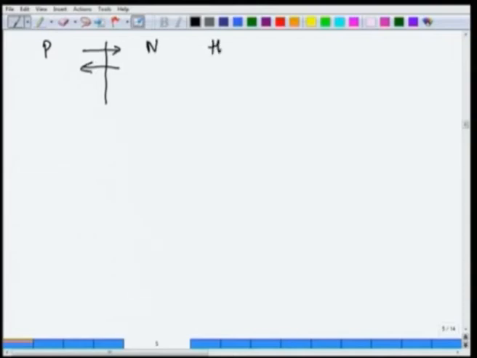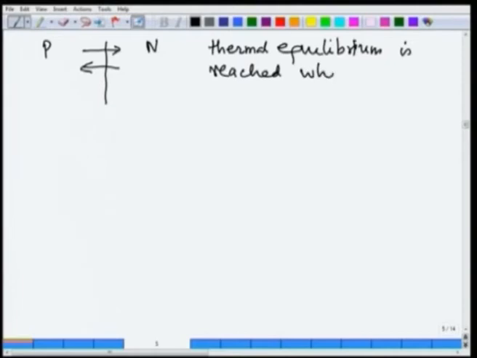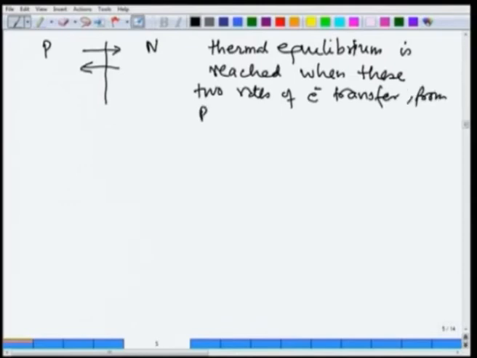Thermal equilibrium is reached when these two rates of electron transfer from p to n and n to p are equal.